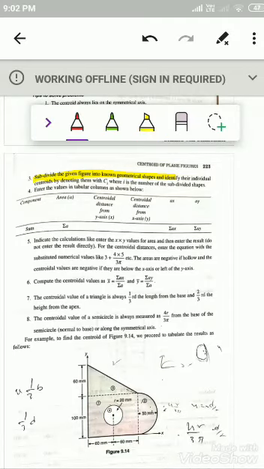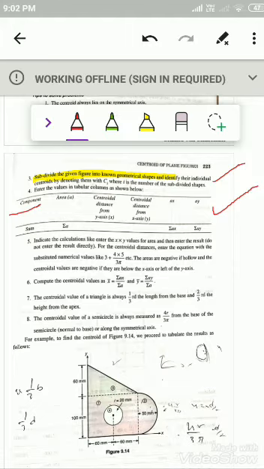So just subdivide the given figure into known geometrical shapes and number them 1, 2, 3. Whatever calculations you do, do them in the form of a tabular column. This is very important, so observe here. First there is the component column. Whatever parts you have divided, you enter them here, such as triangle, rectangle, circle, semicircle.